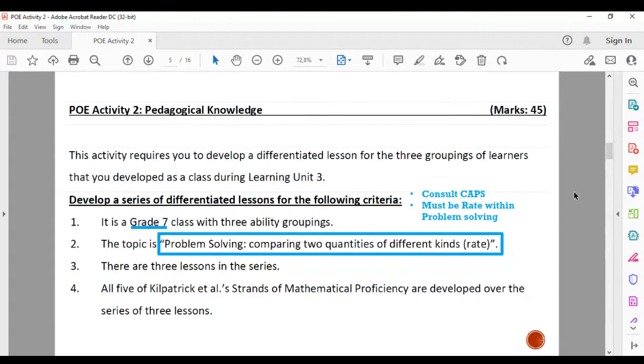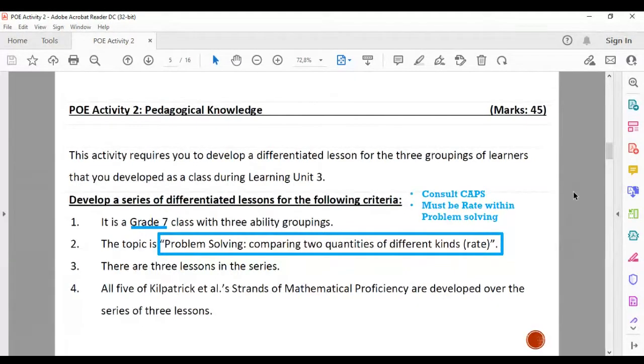For example, kilometers per hour or meters per second, or the cost of something against its weight, like lamb chops are 80 Rand per kilo. So Rand per kilo. Those are rate problems.